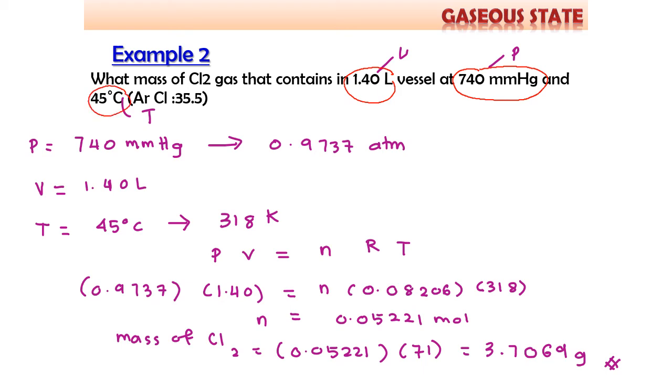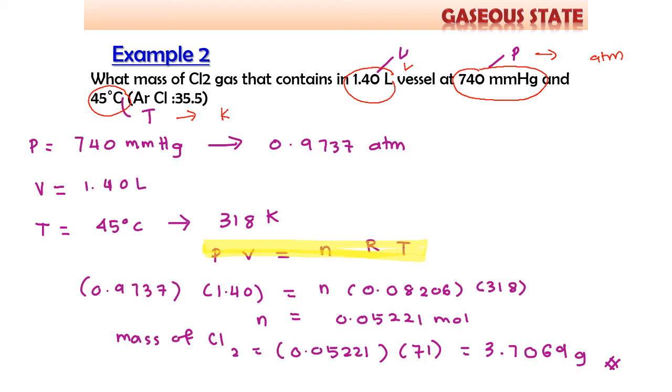You can see this is already in liter, good. For pressure, you must convert to atm first, and for temperature, you must convert to Kelvin. Then you can substitute into the equation PV equals nRT.